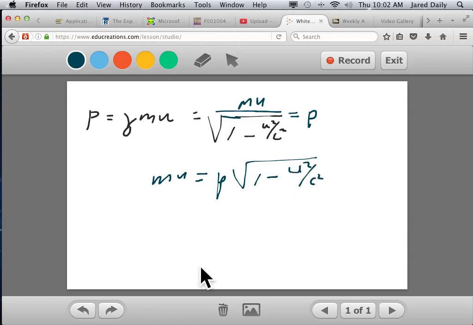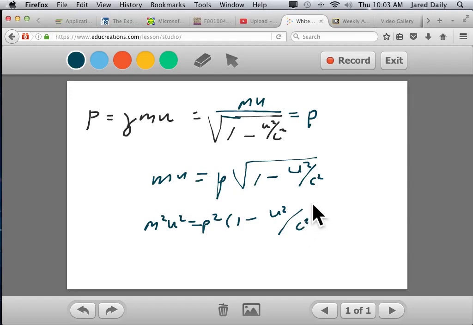Then I'm going to square everything to get rid of the square root. So m squared u squared on this side equals p squared, and when I square the square root, I'm just left with 1 minus u squared over c squared.